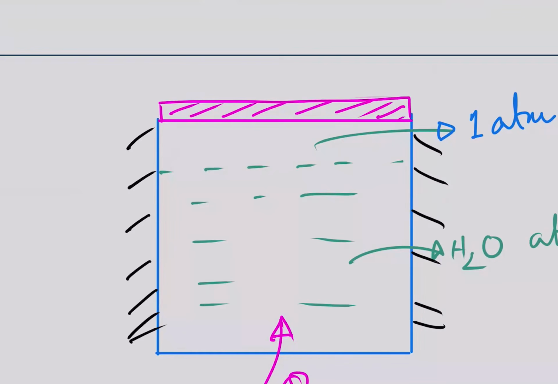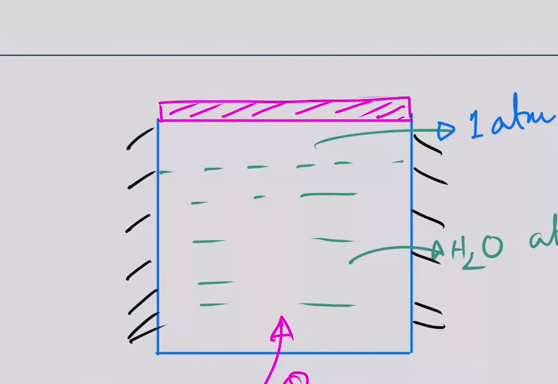Why is that so? Because as we increase the pressure, the saturation temperature corresponding to that point will also increase, and due to which the latent heat of vaporization will decrease.